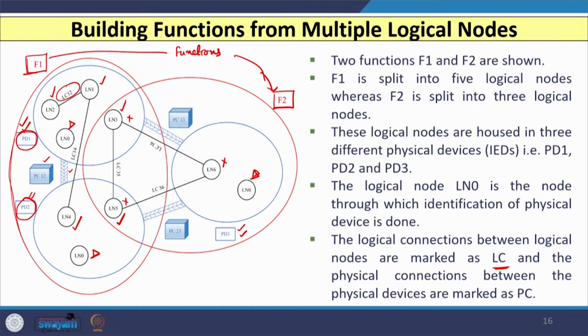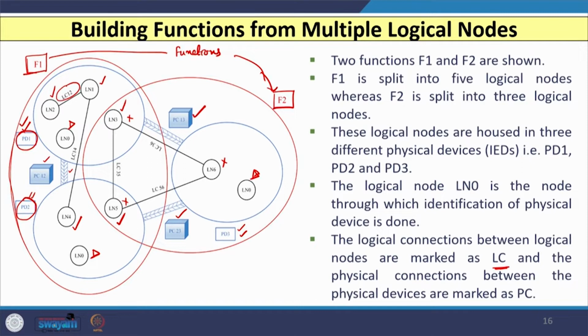So, a physical connection exists between the two IDs, PD1 and PD2 in this case. Similarly, a physical connection exists between ID 1 and ID 3, or physical device 1 and physical device 3, and similarly here also a physical connection exists between physical device 2 and physical device 3.